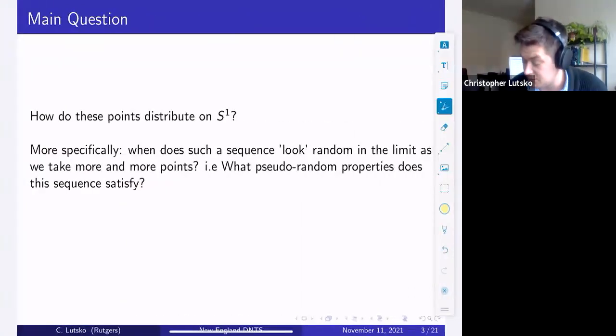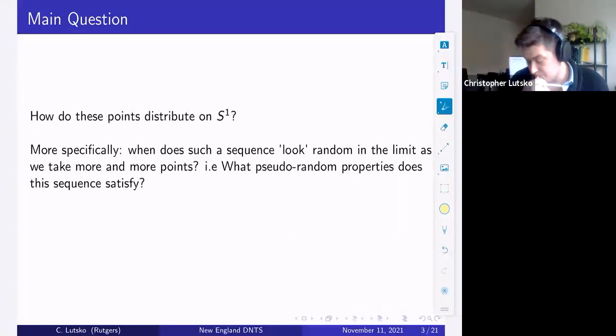And again, slightly more specifically, or mathematically speaking, we want to ask, what pseudo-random properties do these sequences satisfy? In other words, what properties do random sequences enjoy which are also satisfied by these deterministic sequences.